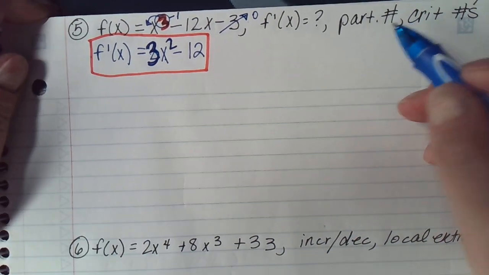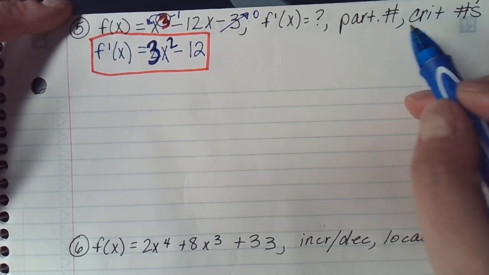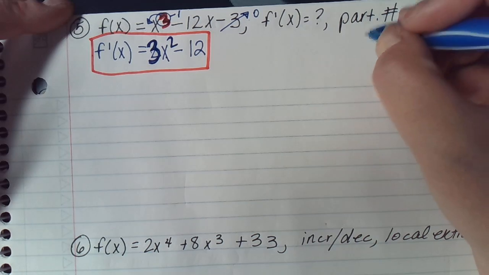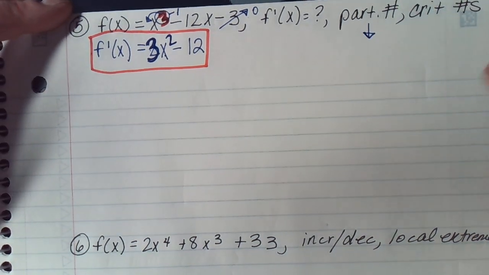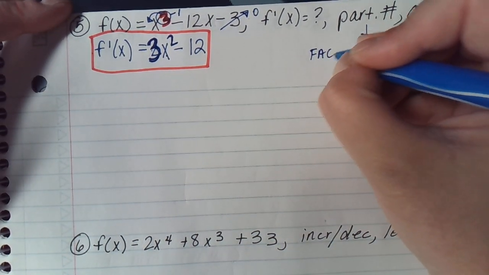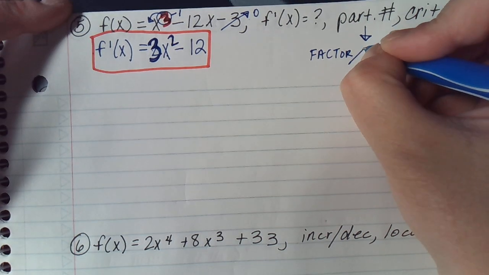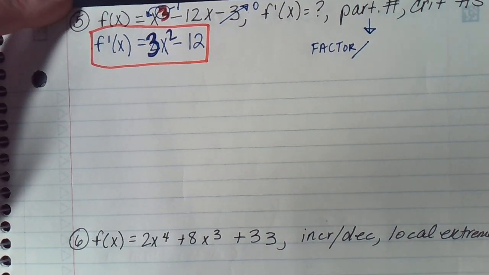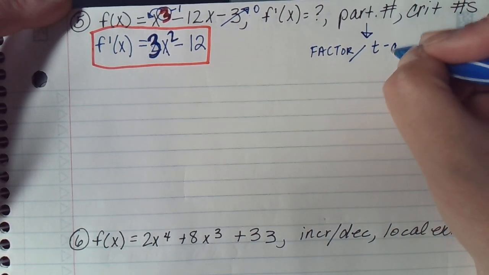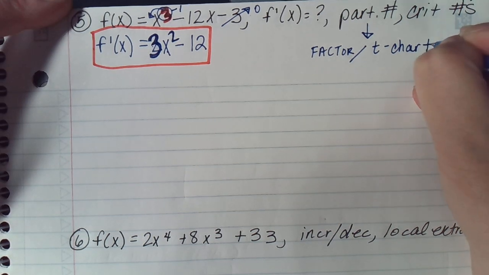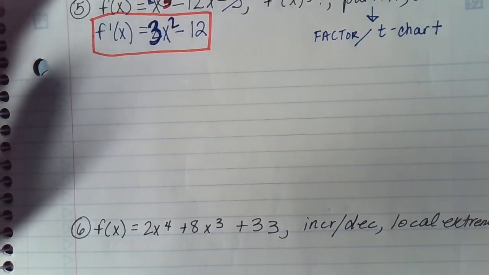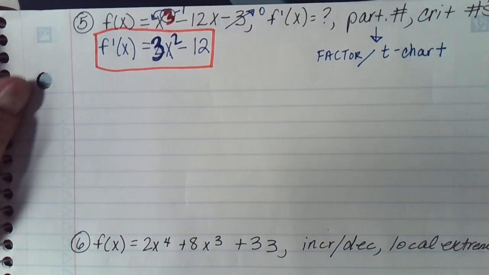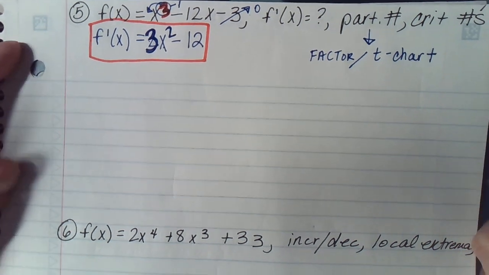Part B says partition numbers. For partition numbers, we can either do something called factoring, or we can look in our T-chart, in our graphing calculator. And since we have to have this graphing calculator for the test, I'm going to go ahead and show you how to do the T-chart.